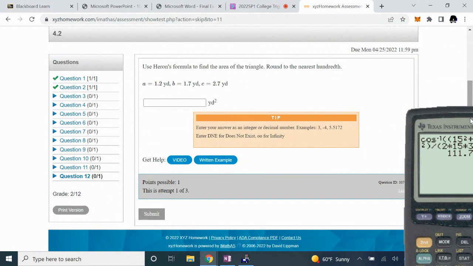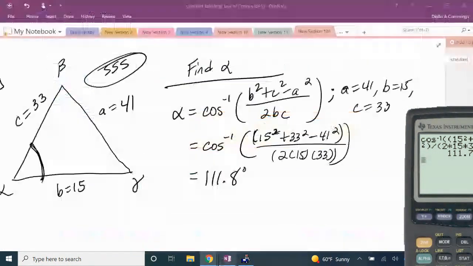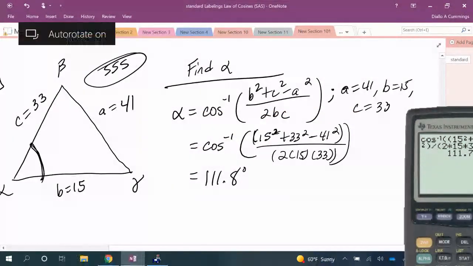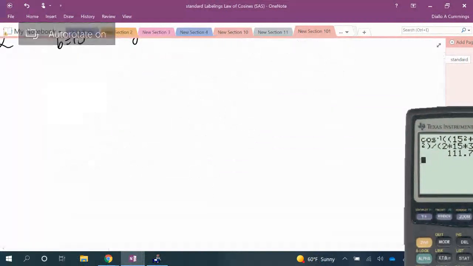All right, so I'm going to go back to OneNote and sketch that out. 1.2, 1.7, and 2.7. All right, so this is 4.3, number 12.